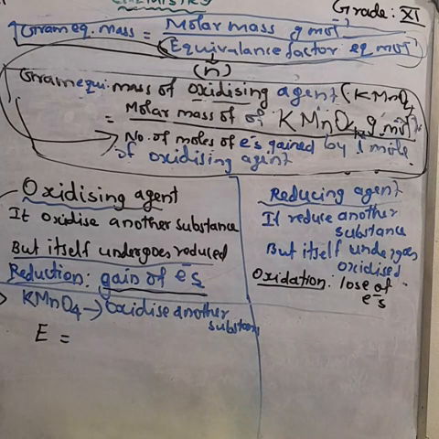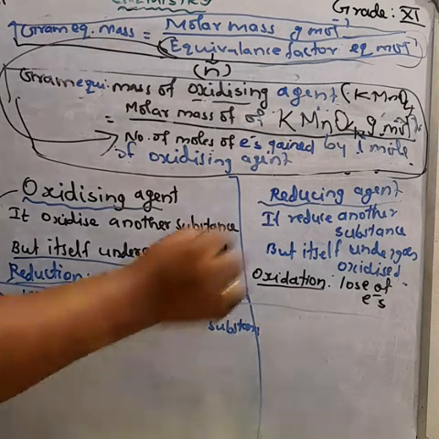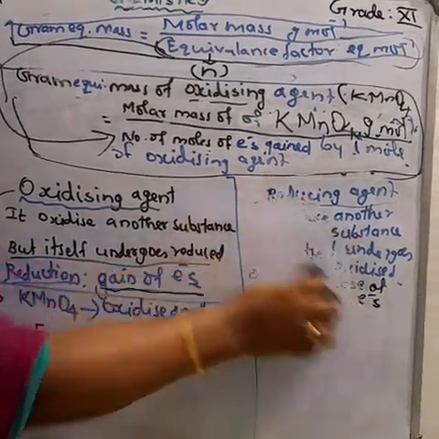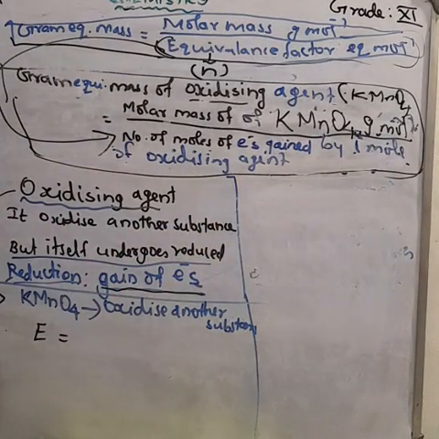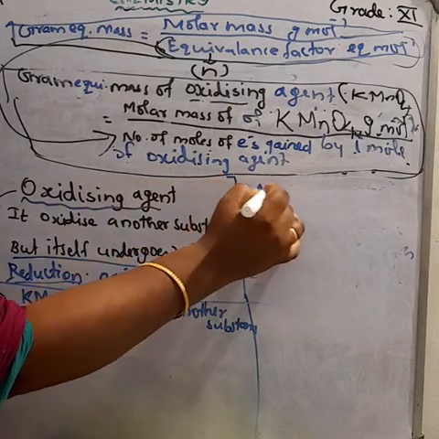Understood? So first, before studying how KMnO4 acts as an oxidizing agent, we want to calculate its molar mass. You know how to calculate the molar mass of KMnO4: we add the atomic masses of the elements present in the molecule.